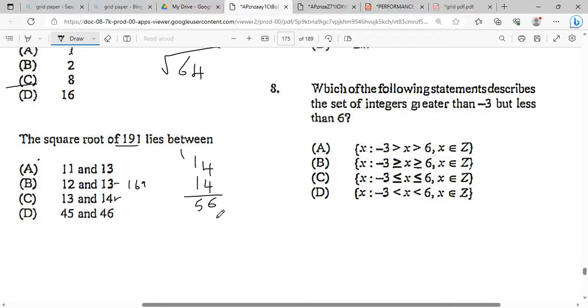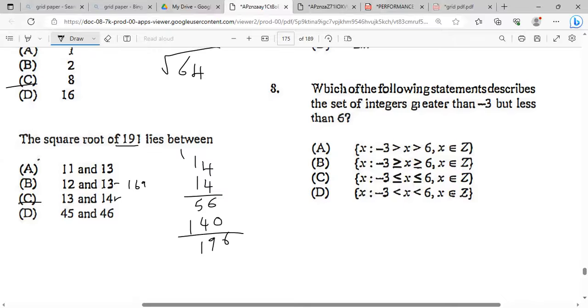Put a 0, 1, 4, 4, 1, 1, 1. So that gives us 196, right? So it's between 169 and 196. So yeah, definitely C. It's kind of obvious. I'm not sure where they're going with this. Sometimes they have some kind of weird answers. All right, let's move up.